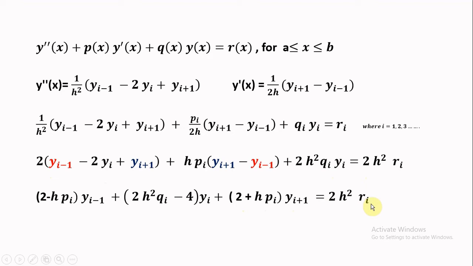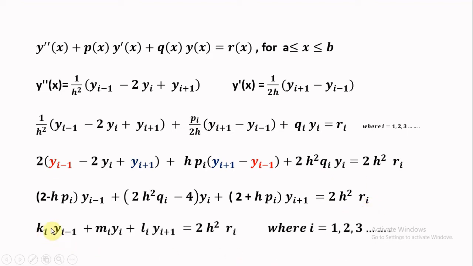Now we can further rewrite these variables. Say I take 2 minus h pi as a new variable, k with subscript i, this variable as m, and the last variable as L, then this equation further simplifies to this. So this is the final approximated differential equation making use of the central difference approximation.